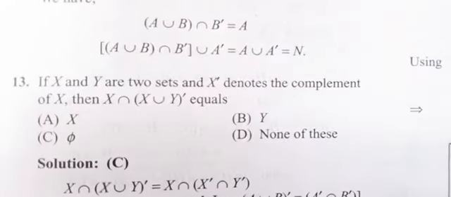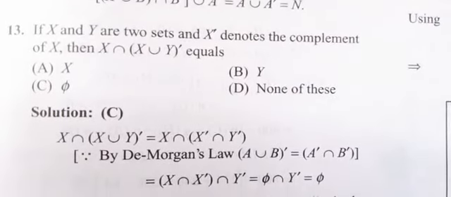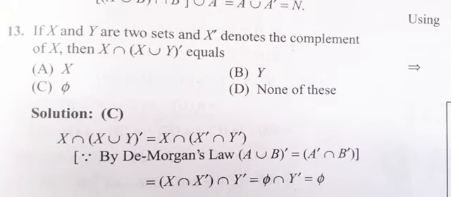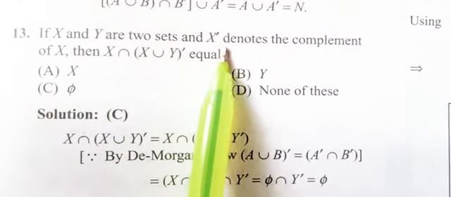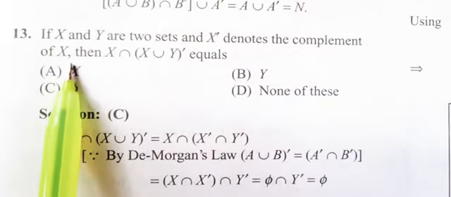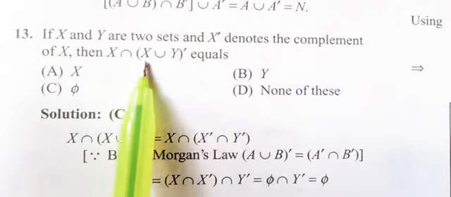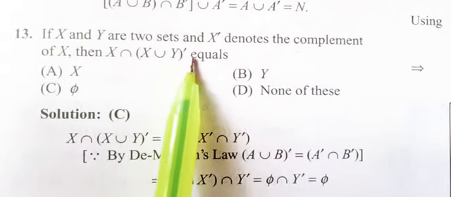Next, question number 13. The solution is also given. If x and y are two sets and x dash denotes the complement of x, then x intersection (x union y) prime is?